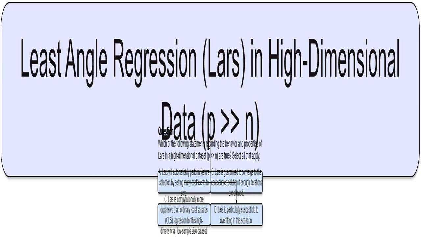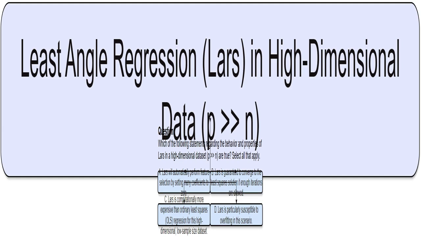I'm focusing on least angle regression, or Lars, a clever algorithm that's especially useful when you have many more features than data points. Think of it like trying to find the best combination of ingredients, features, for a recipe with limited taste tests, data points. Lars cleverly adds ingredients one by one, always choosing the one that best explains the remaining taste we haven't captured yet.